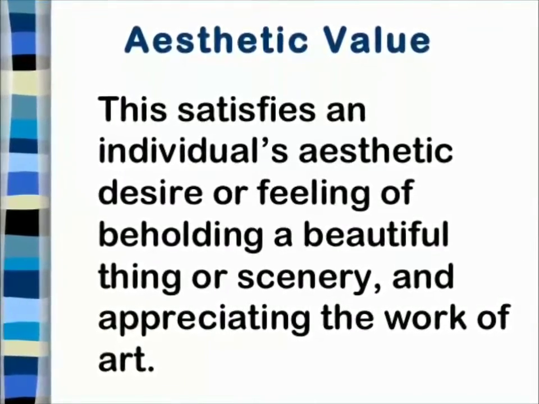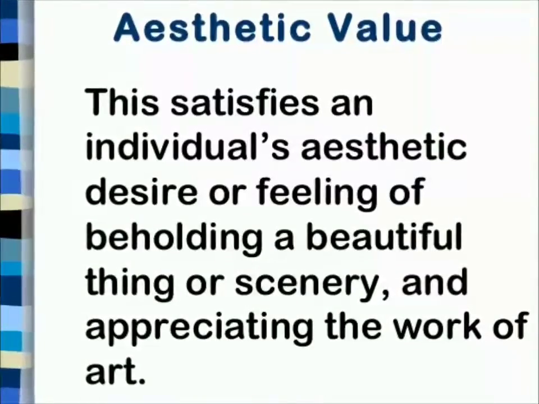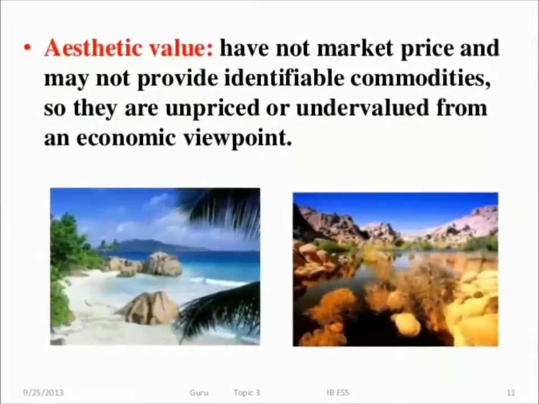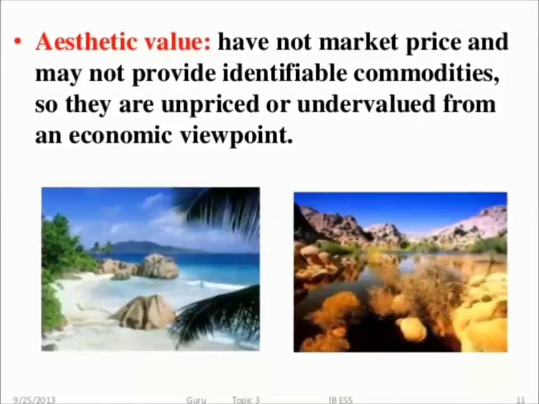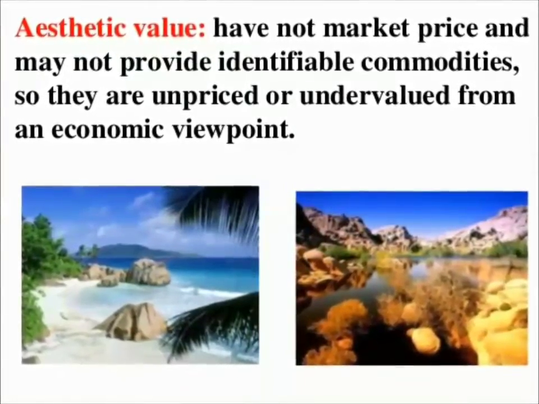On the other side, there is another kind of value called aesthetic value. I hope you know the meaning of aesthetic. Aesthetic means something gives us happiness that we cannot see anywhere, but we can feel it everywhere.